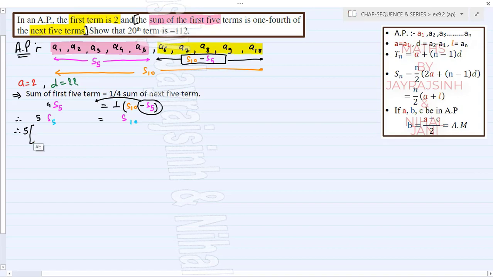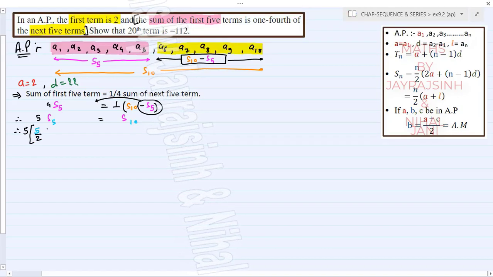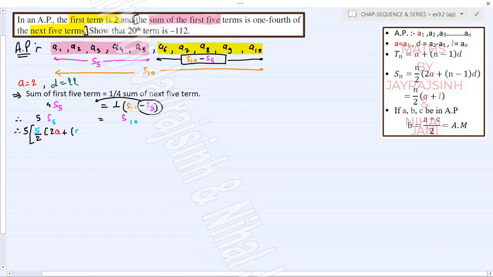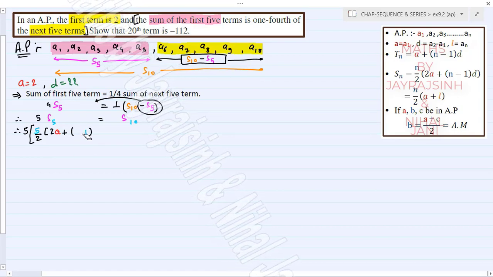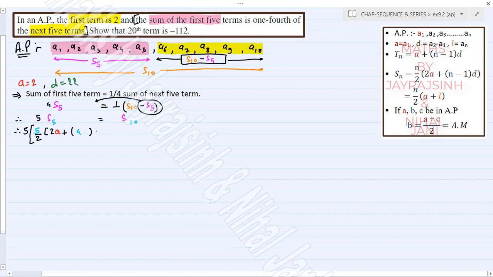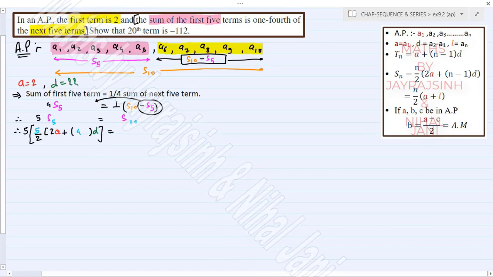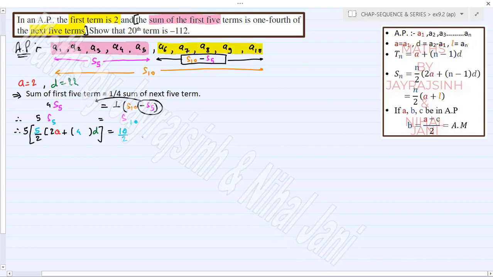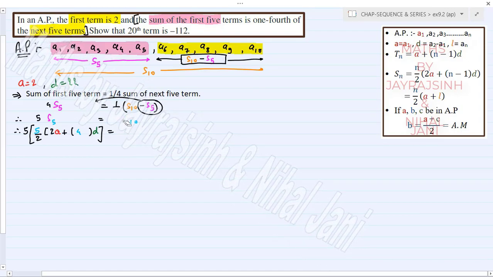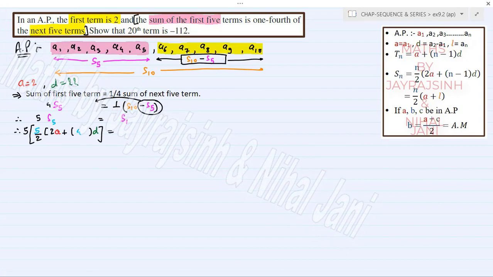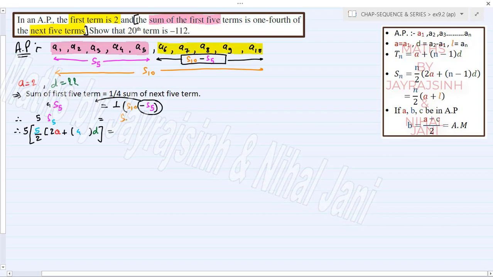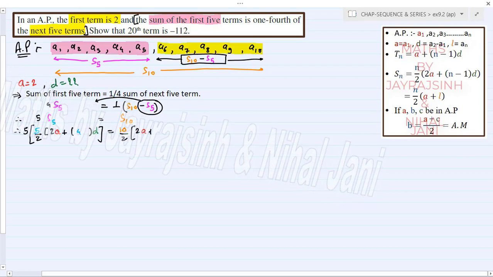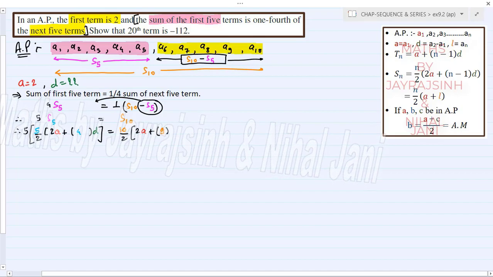So we'll get 5 by 2 (2a plus (5 minus 1), or we can say 4d) is equal to 10 by 2 (2a plus (10 minus 1), or we can say 9d).